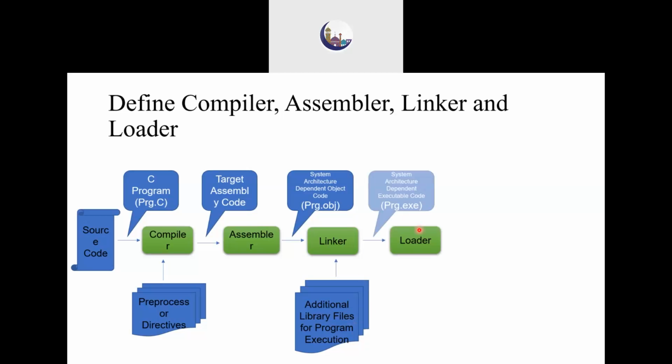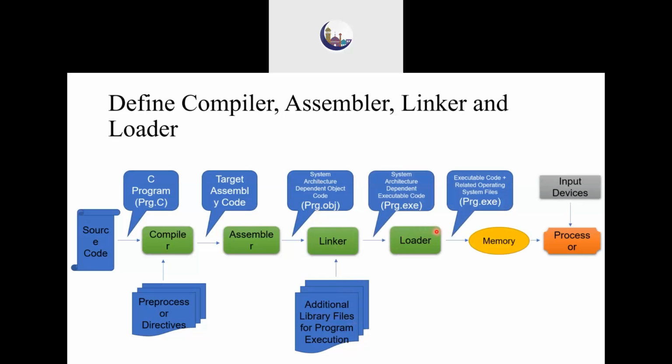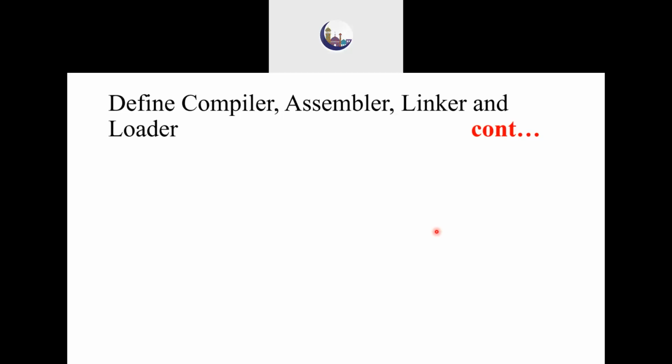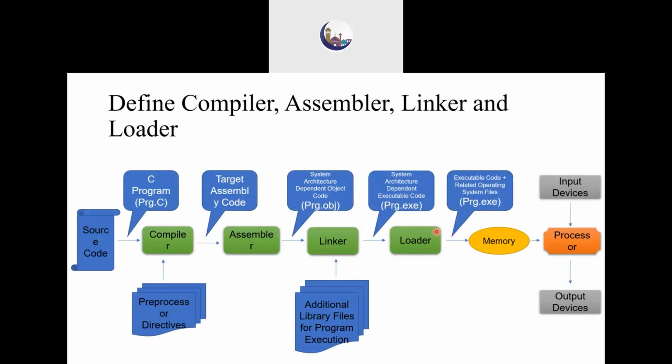This loader will take the prg.exe file, which has been converted from prg.obj along with the additional files, and pass it on to memory. Memory will take prg.exe and pass it on to the processor. The processor will take any inputs from the user, generate the output, and display it on the output device.